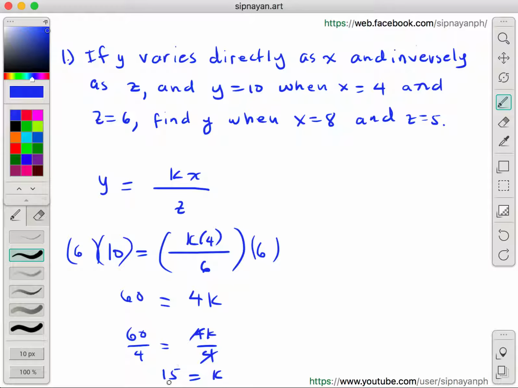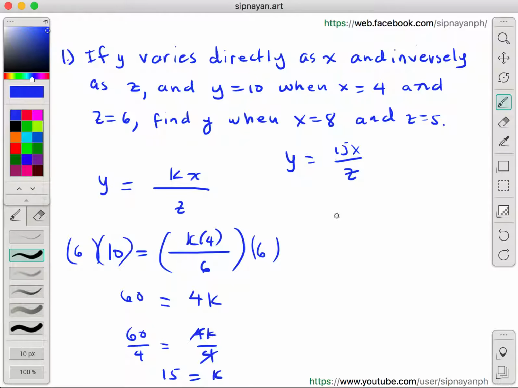So, pag nakuha na natin yung value ng k, pwede na tayo mag-substitute dito. So, we have y equals 15x divided by z. And ito naman sa question natin, we have find y when x equals 8 and z equals 5.